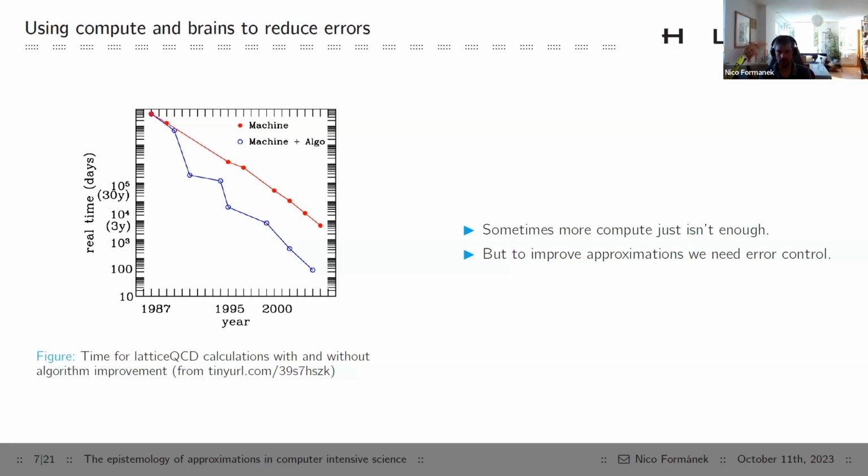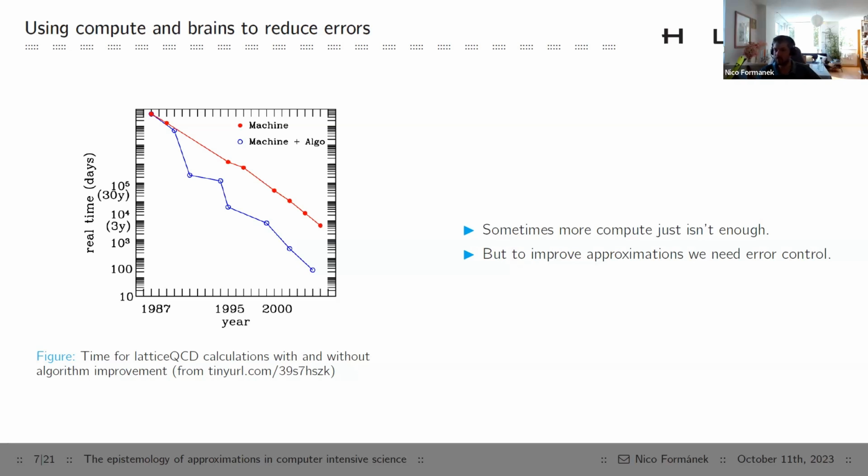What is shown here is the real time you need for computing something over the years. For example, in 1959, you would have needed, I don't know, 100 years to compute a certain lattice QCD configuration at a certain error level, while in the year 2010 you can do it in like 10 years of computing time.